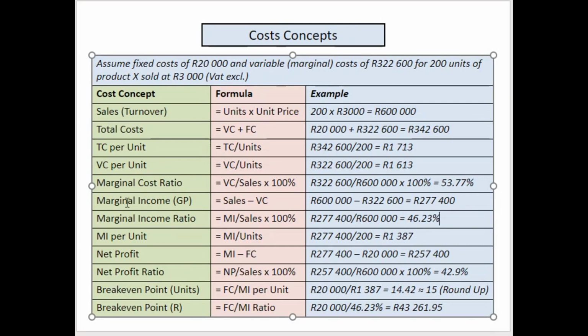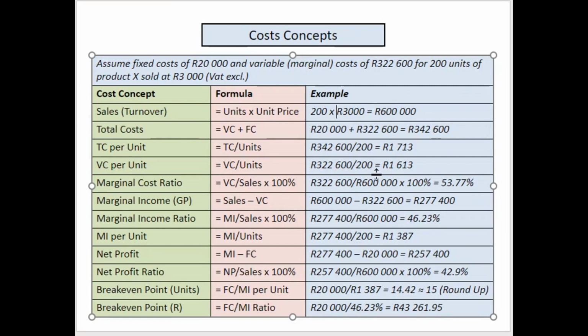So now we've calculated our marginal income at 277,400, and we divide that by our number of units, and so we see really my marginal income per unit is 1,387 Rand, as opposed to my total income per unit, which is 3,000.